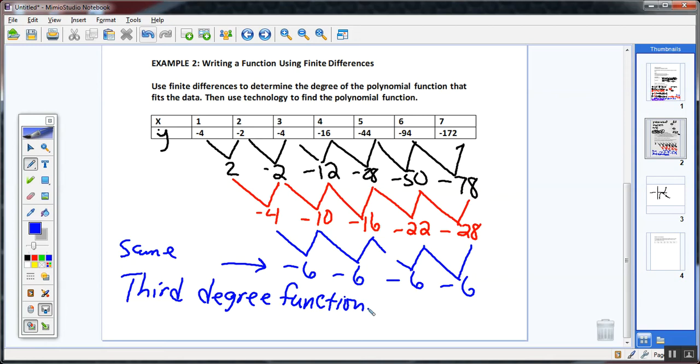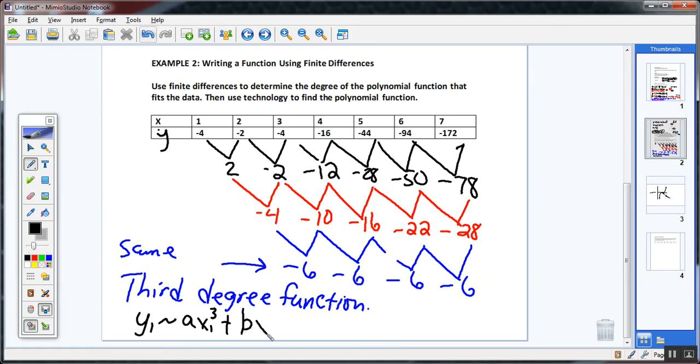For this third degree function, this is what you're going to type into Desmos. You're going to type in y1 is approximately a x1 to the, what degree do I want first? Well, what degree did we say this was? So we're going to call this ax1 to the third plus, let's see, I already used a, so my next term probably might want to use what?